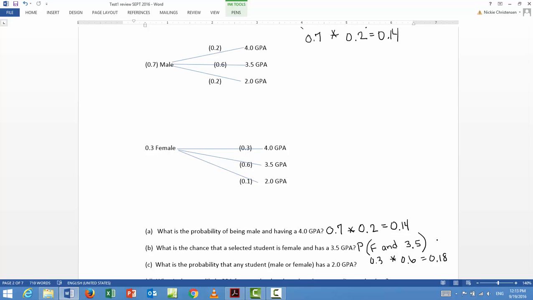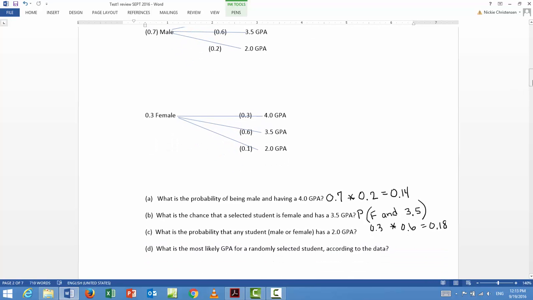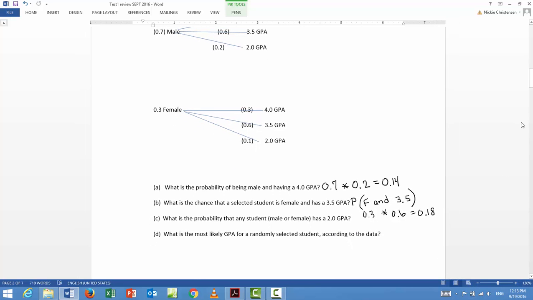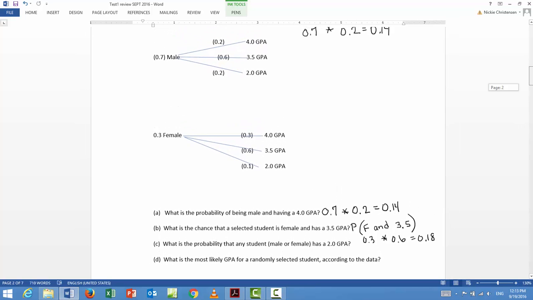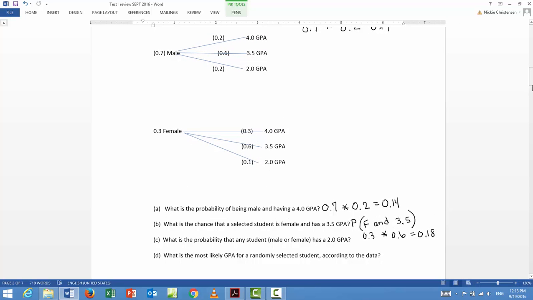In the third question, what's the probability that any student, male or female, has a 2-point? I need to minimize this so I can get it all on one screen. So what we have to do here, any student, male or female, has a 2-point GPA.